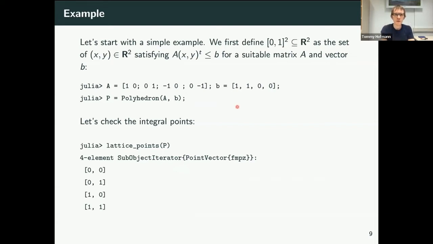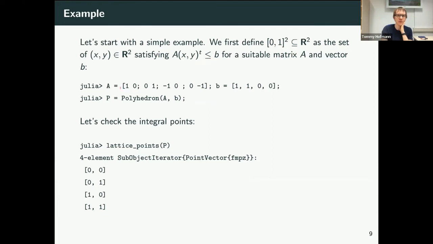So let's start with this cube, or let's say it's a square in dimension 2, and we want to define it as a point satisfying this inequality Ax less or equal b. So how can you do this in Oscar?